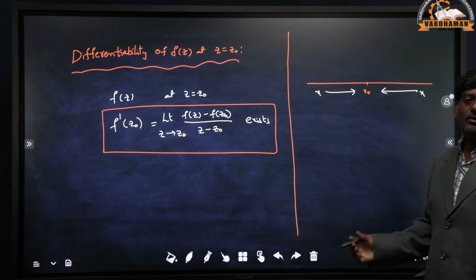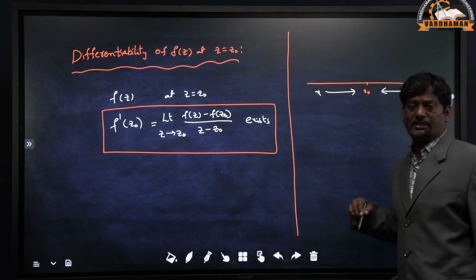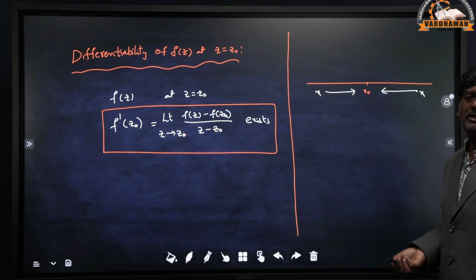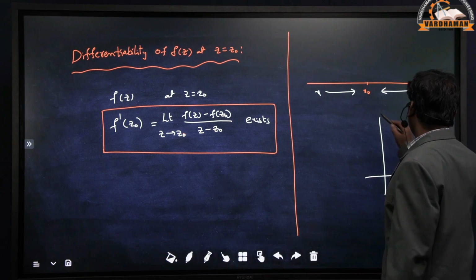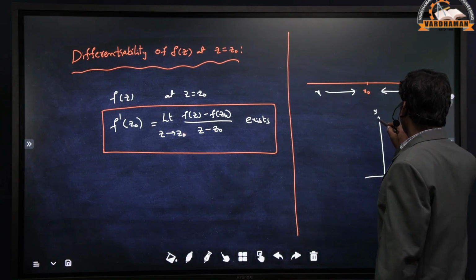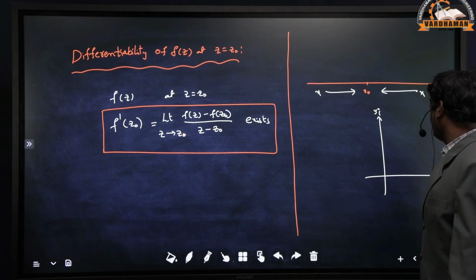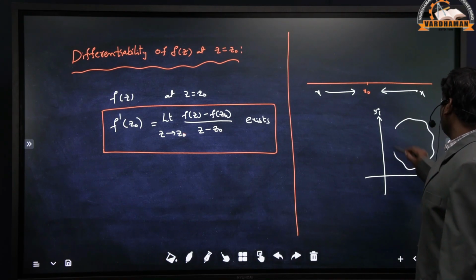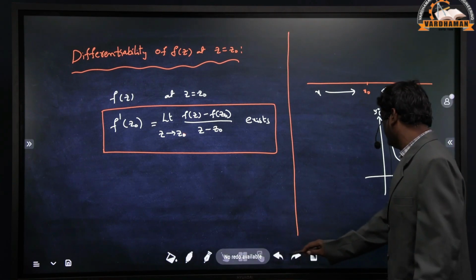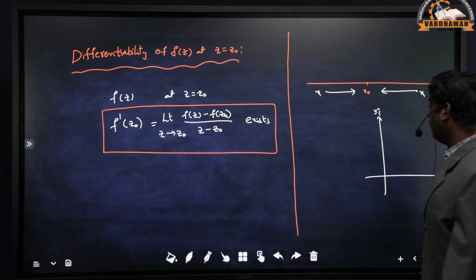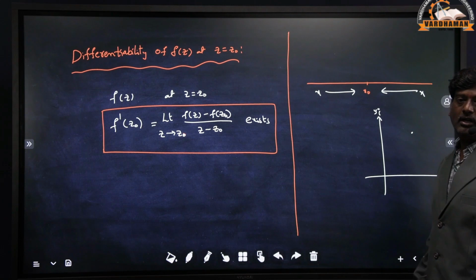Now how do you consider it in the complex case? Here there are infinite number of ways. The z approaches z naught in infinite number of ways. A complex variable has a real part and an imaginary part, this is i, the imaginary part. Suppose I take any point z naught.